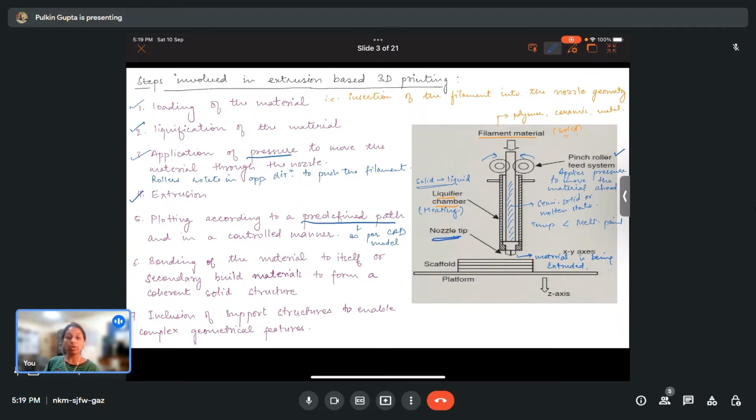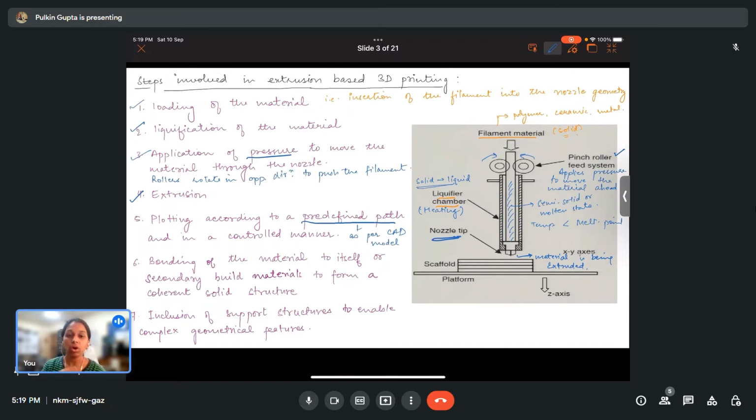If your CAD model says deposit in the form of a circle, so this plotting will be done in a circular manner. Okay, so the nozzle or the extruder head will traverse a circular path. If it says it is a square cross section, so this extruder will traverse a square path.